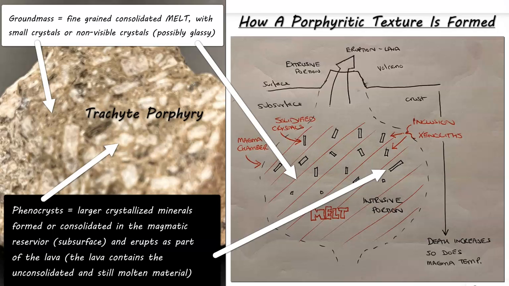The alignment can show the flow of lava, and the shape can tell you the type of crystals that have grown, or the time the magma spent underground before it erupted on the surface. So porphyritic or porphyry is a very common texture in igneous rocks and can tell you a lot about the magma chamber, the magma itself, the eruption, and how fast it cools down.